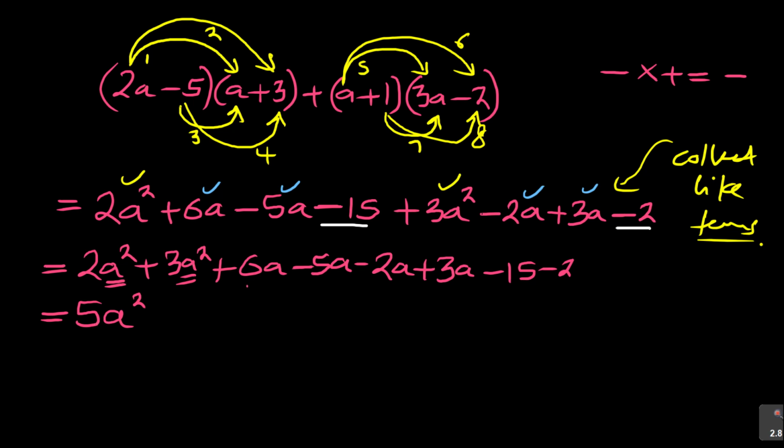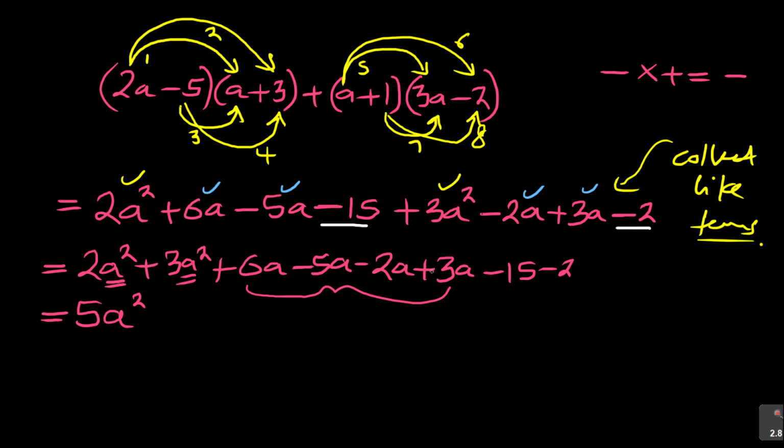And then what about here? Here you are going to take a calculator. We can even do it without the calculator. Forget about the a's. Say 6 minus 5. If I take 5 from 6, I'm remaining with 1. So 1 minus 2. Negative 2 is bigger, so it's minus 1.